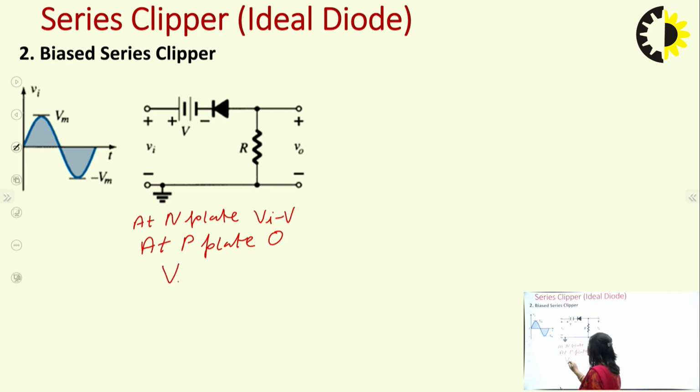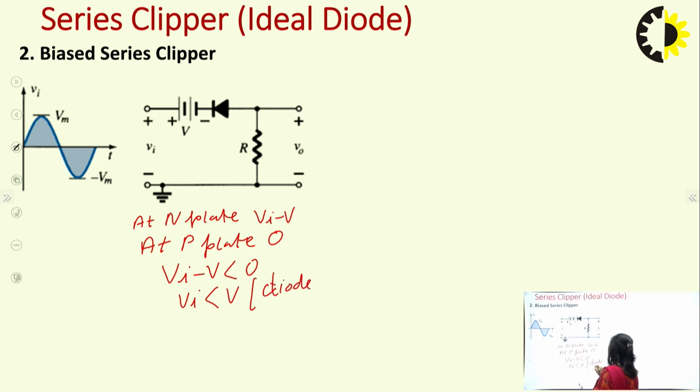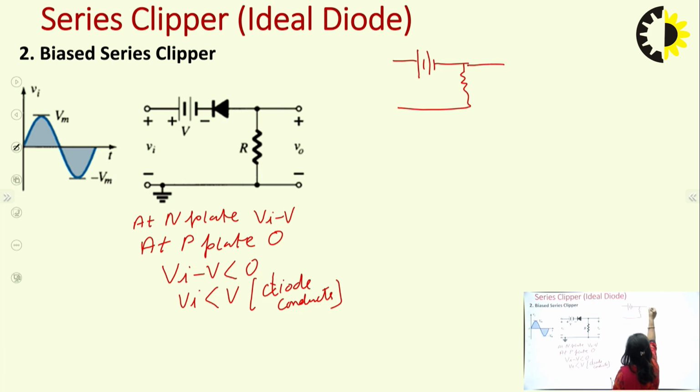That's why Vi minus V must be less than 0, or Vi must be less than V. For this condition the diode conducts, and the equivalent circuit would be like this. So this is the equivalent circuit for the clipper.